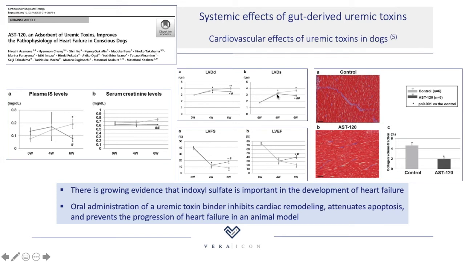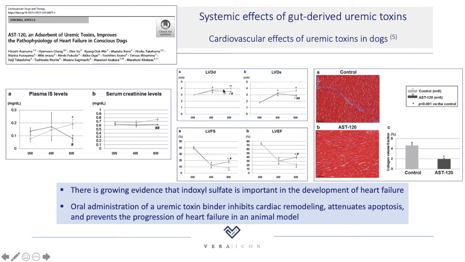They become worse. The heart becomes bigger, and the contractility of the heart goes down, which typically happens in heart failure. But once these dogs are treated from 4 weeks on, there's a difference.